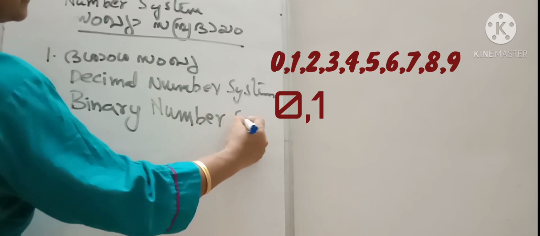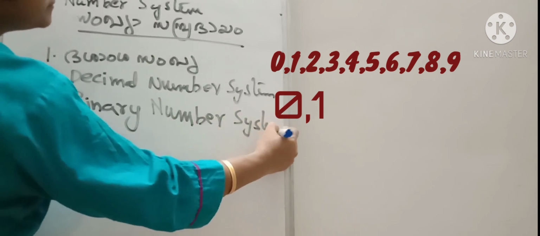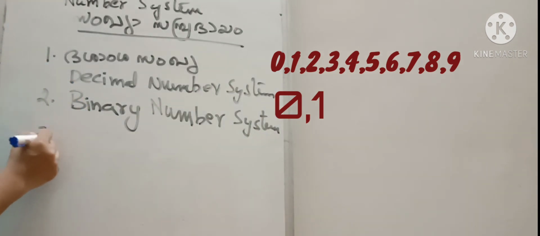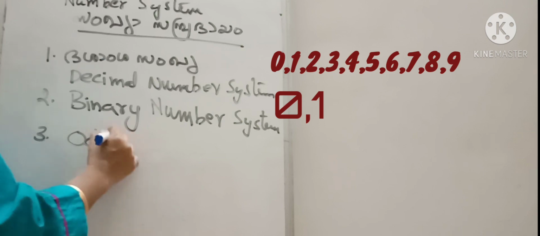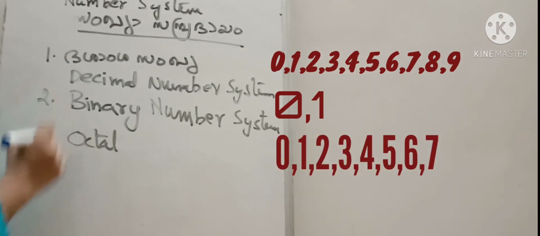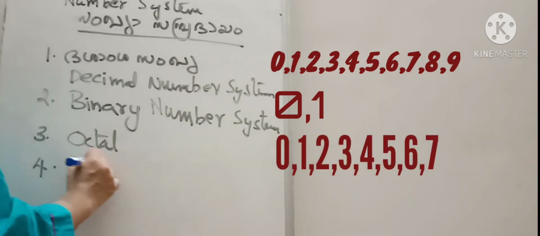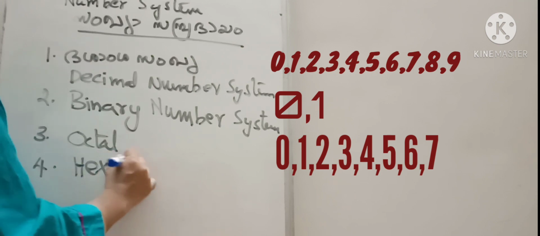It is used in our computer. We have discussed this early. And the third number system is octal number system. Here we use 0, 1, 2, 3 up to 7 digits.